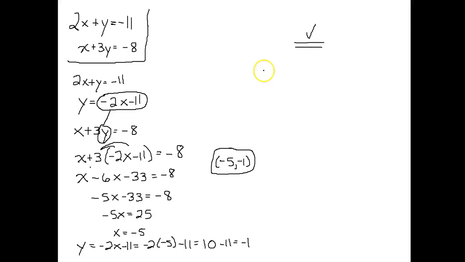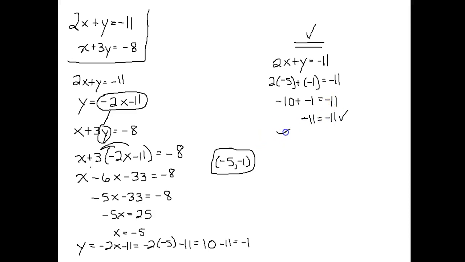And if you want to check, this ordered pair should work in both equations. So go back to your original equations. Go back to 2x plus y equals negative 11, plug in negative 5 for x and negative 1 for y. You get negative 10 plus negative 1, and that is negative 11. So that works. Then also go to x plus 3y equals negative 8.